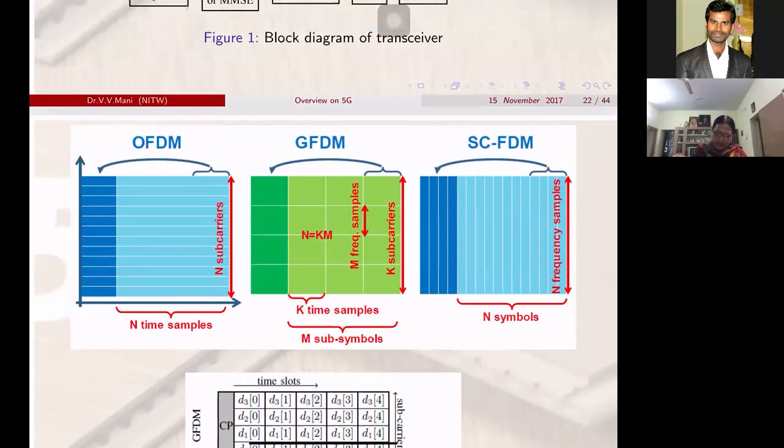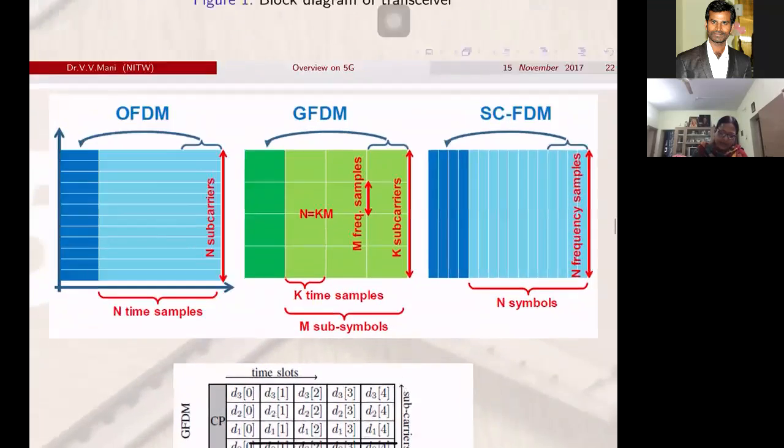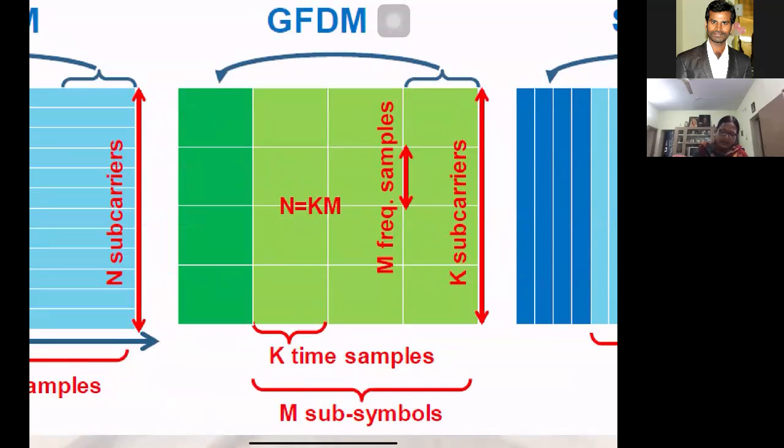Okay, so I take K time samples, not N time samples, and there are M subsymbols. So these K time samples are located onto K subcarriers. These K subcarriers are given with only a green color, because it is a subset. Because if you look at this one, N equals K times M, and K subcarriers have some number of frequency samples.